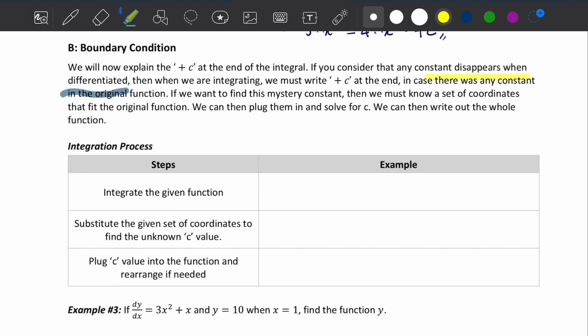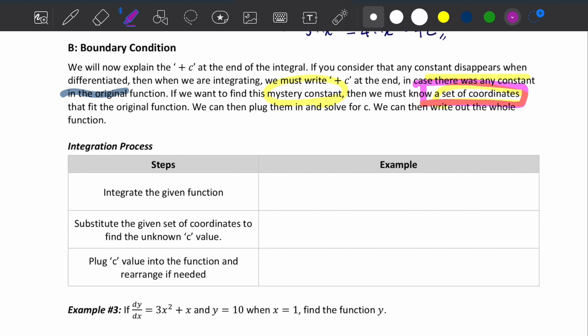To find this mystery constant, we must know a set of coordinates. So to find that mystery constant, you will always have a set of coordinates given, or you will have to find this set of coordinates prior to the integration part, so that you can find the original function.